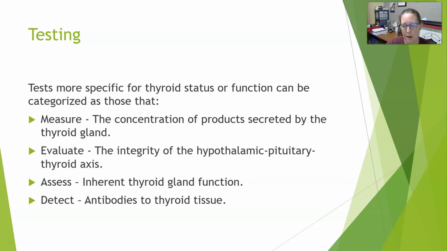So as a reminder, the way the hypothalamic pituitary thyroid axis works is the hypothalamus here in the center of your brain will detect the level of thyroid hormones. If there's not enough, it will release TRH, which is thyrotropin releasing hormone, which crosses over just very slightly to the pituitary.